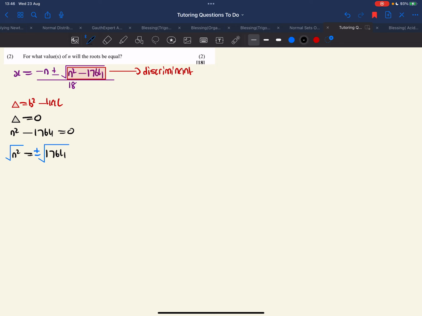Then we get n equals plus or minus the square root of 1764, and using a calculator, we get 42. So the values of n for which the roots will be equal are either n equals 42 or n equals minus 42.